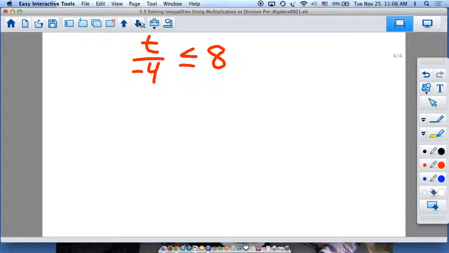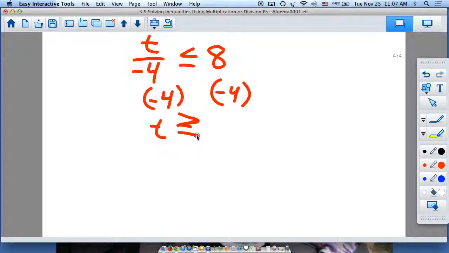This time we're going to multiply both sides by a -4. We multiplied by a negative, so don't forget we must reverse the sign. So t is greater than or equal to -32.